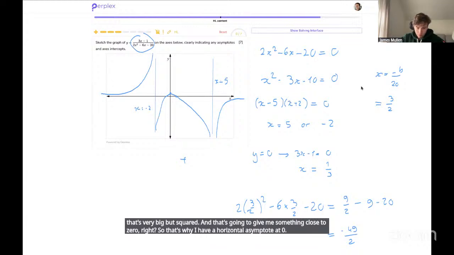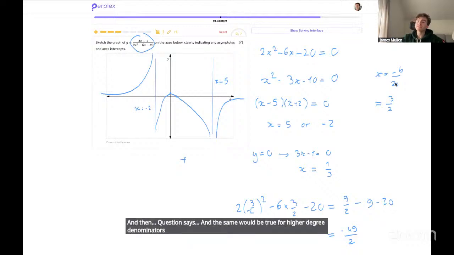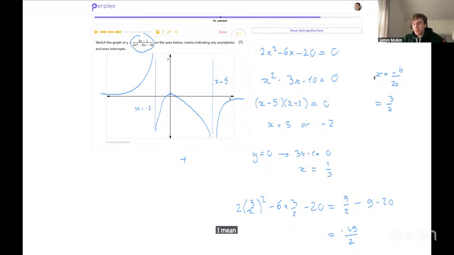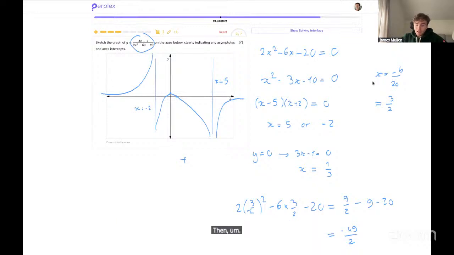The question says the same would be true for higher degree denominators. Yeah, whenever the degree of the denominator is higher than that of the numerator, you will have a horizontal asymptote at y = 0.